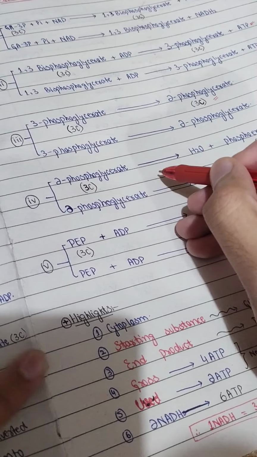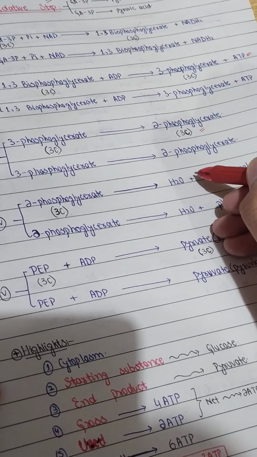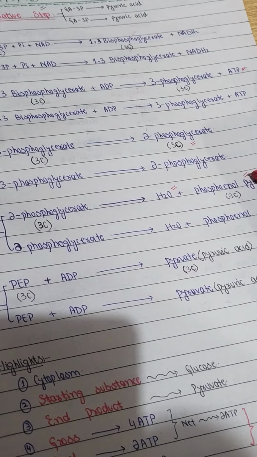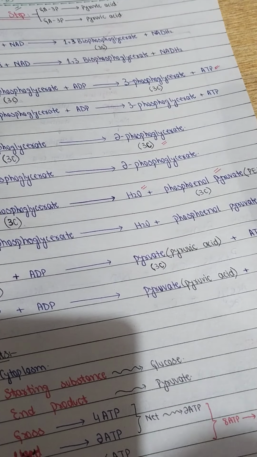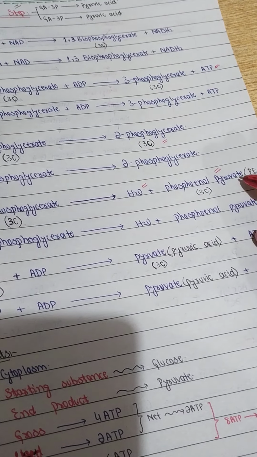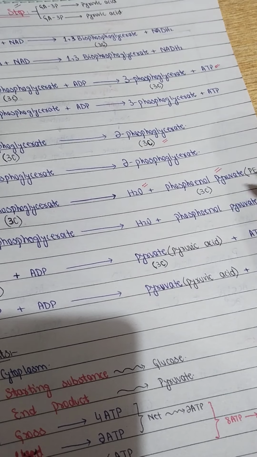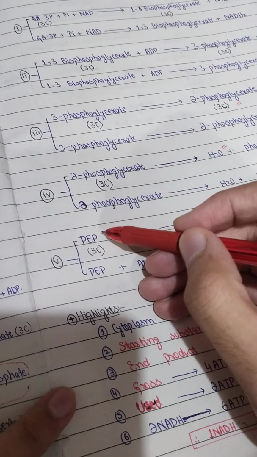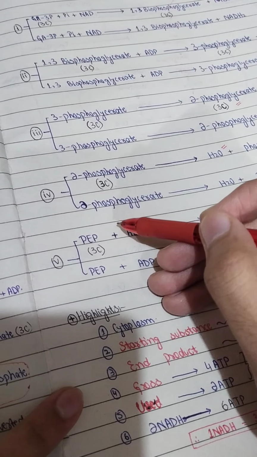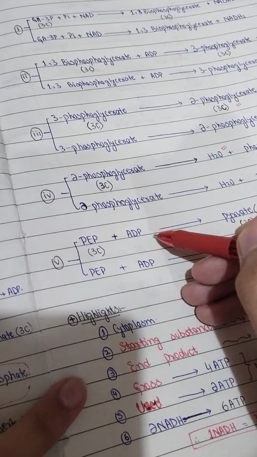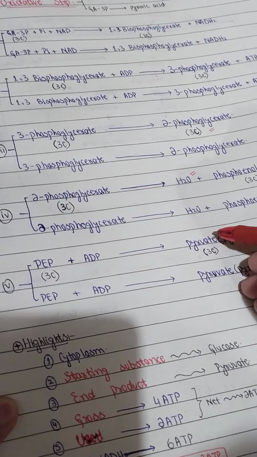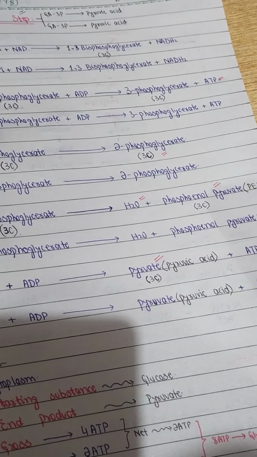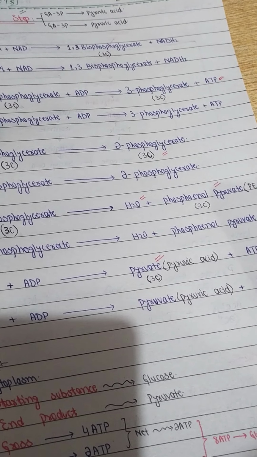Then 2 phosphoglycerate converts into phosphoenol pyruvate, or simply phosphoenol pyruvic acid, which is a 3-carbon molecule. And then the phosphoenol pyruvic acid combines with another molecule of ADP, thus forming the pyruvate, which is the end product, plus also forming one ATP molecule.